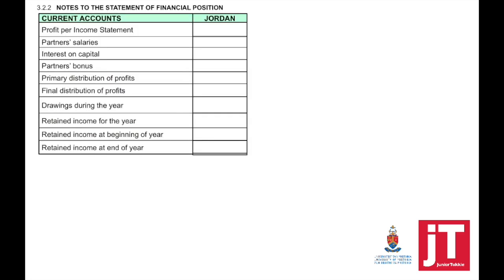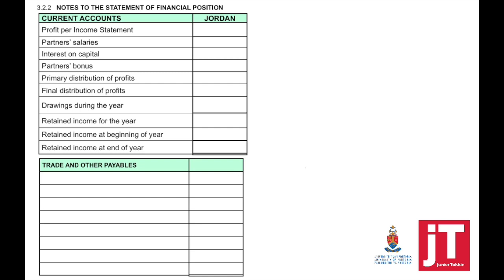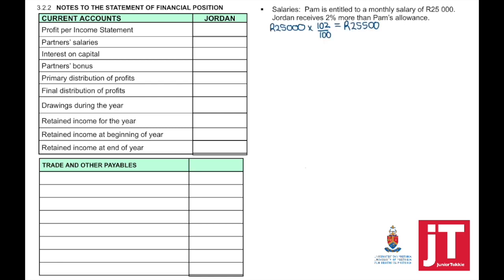Question 3.2.2. Notes to the statement of financial position. We have to complete the current account for Jordan only and the trade and other payables. Salaries. Pam is entitled to a monthly salary of 25,000. Jordan receives 2% more than Pam's allowance, which means we need to take 25,000 times 102 divided by 100 because he's receiving 2% more.